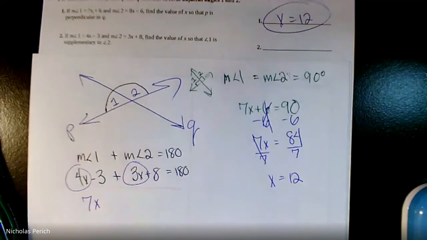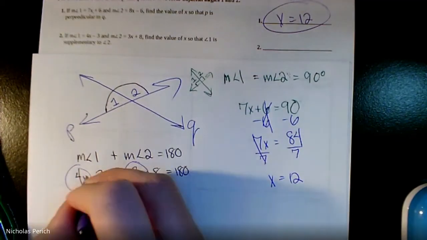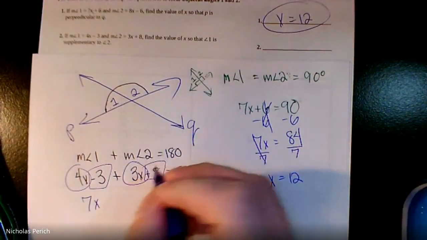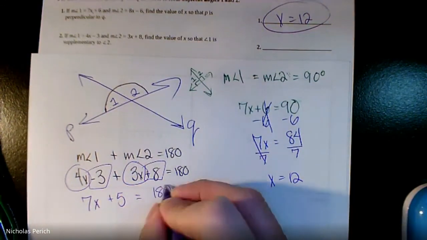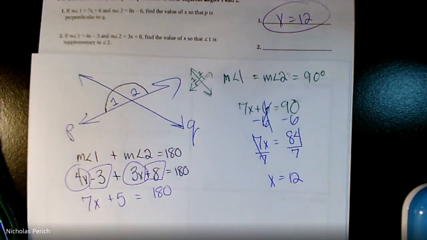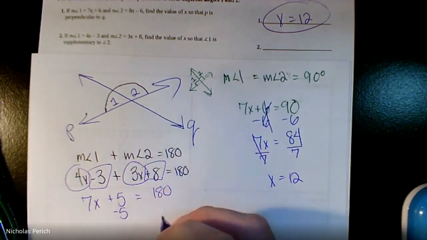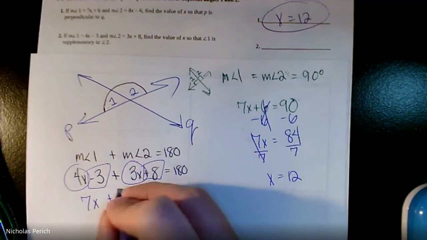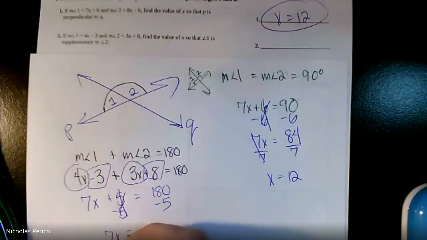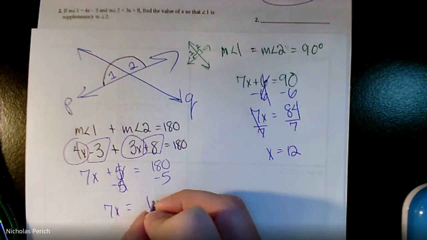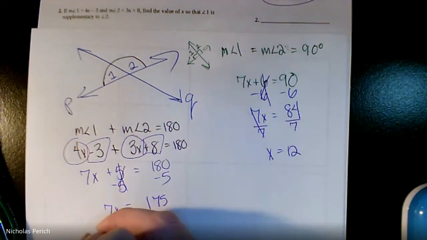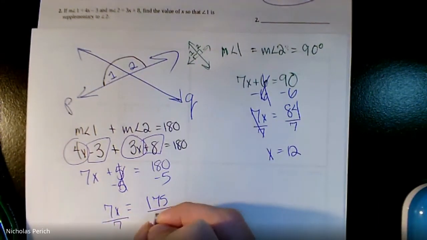I'm going to combine like terms: 7x plus 5 equals 180. Subtract 5, cross out, 7x equals 175. Divide by 7, divide by 7.